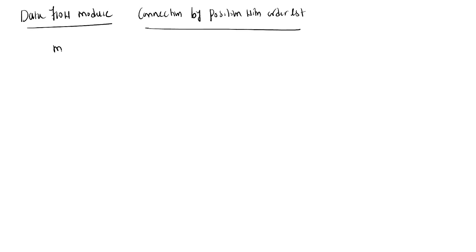So I'm writing module and underscore gate. I'm declaring input A comma B, and output Y. I'm not declaring any data type. It will take which data type?